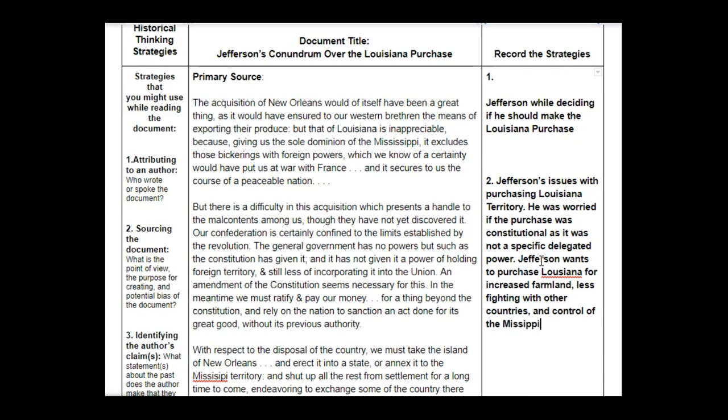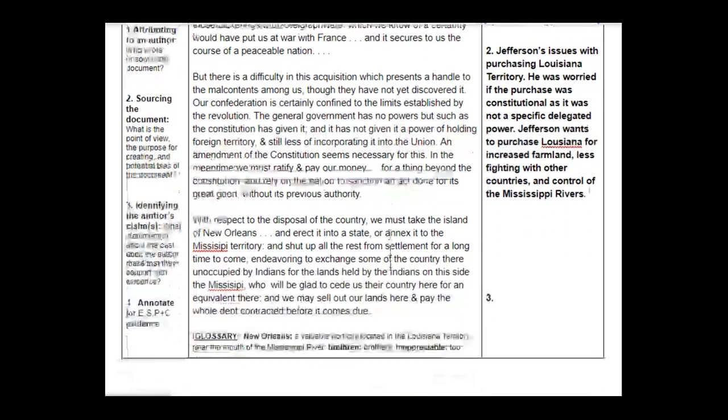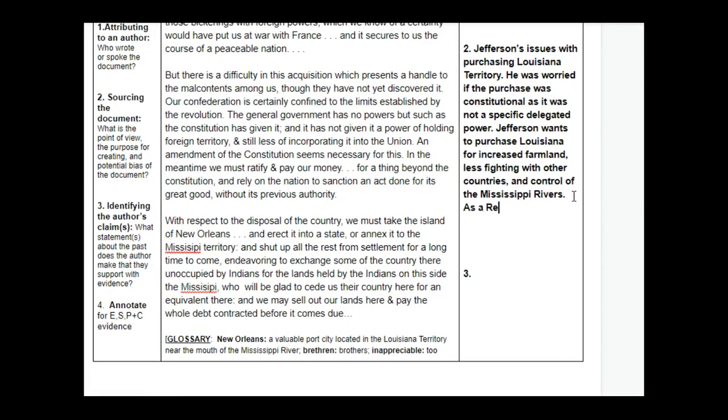Because if you control the Mississippi, you can control New Orleans, which was part of his purchase. Bias, well, we know that he's an anti-federalist, aka a Republican. There's no more anti-federalists. As a Republican, Jefferson wants more territory and less fights with France.